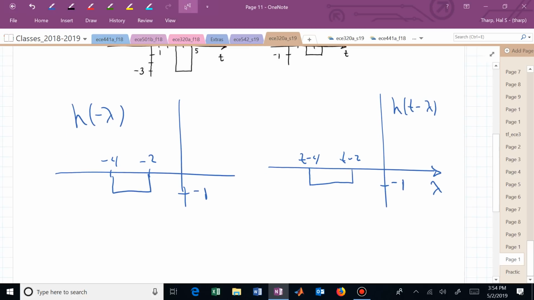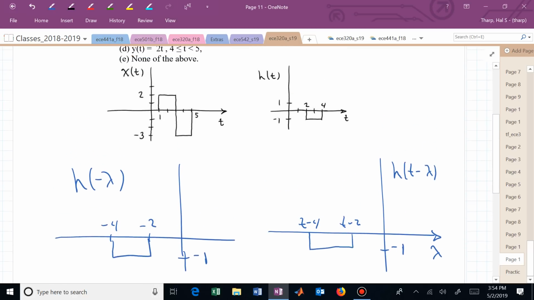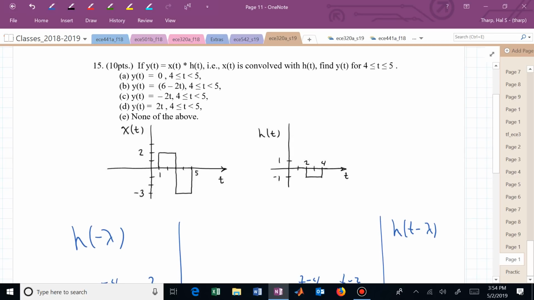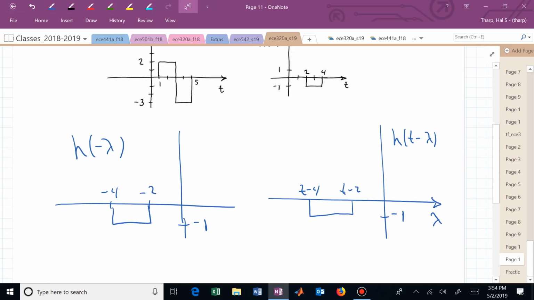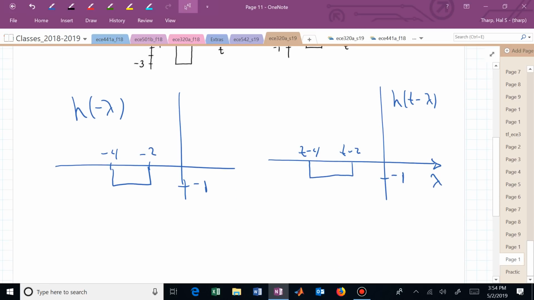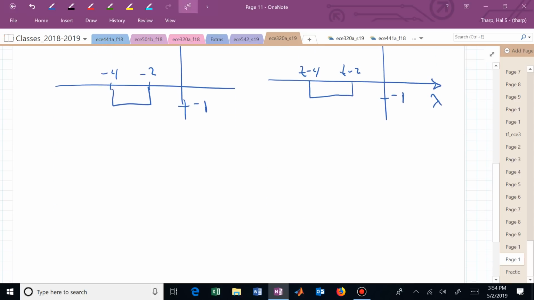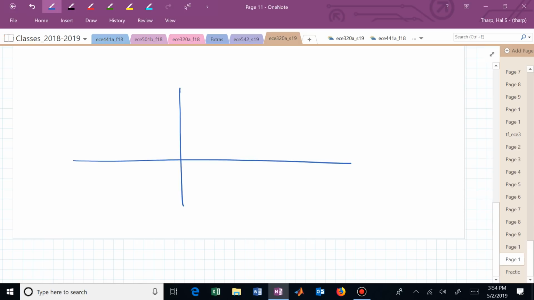And what could you do? You could actually say, well, he wants to know what's happening to y of t between 4 and 5. So now we could slide this up and find out what's happening between 4 and 5. Here's x. It was starting at 1, and then it was down to -3, and then it's 5.